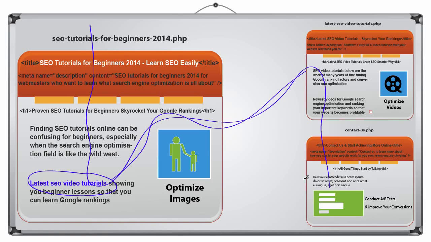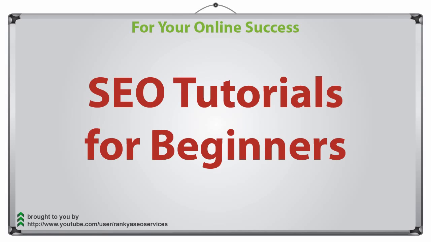So you interlink your entire website intelligently, because that actually helps your SEO as well as user experience, coupled with higher conversion rates, because conversion rate is part of SEO. So once again, SEO tutorials for beginners, as you have seen in this video session, it is very easy to search engine optimize your website.